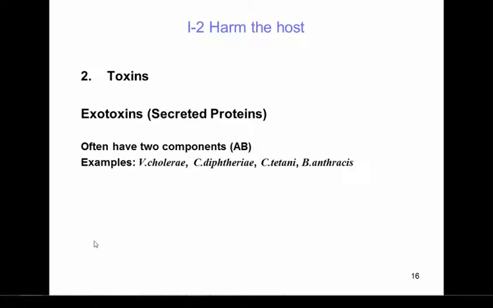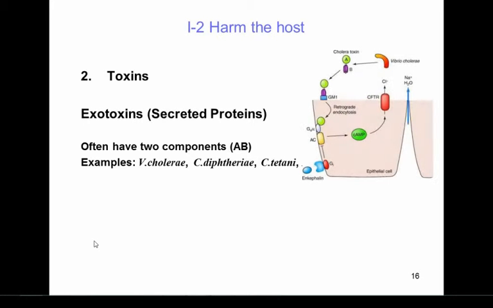So the big example, the classical example, is cholera toxin. It's a pentamer of the binding subunit, which binds onto gangliosides. This will allow the internalization of the bacterial toxin, it gets into the cytosol, and then the active part, the A subunit, will cause cyclic AMP to accumulate, and the net result is for this CFTR chloride pump to become activated, and chloride ions will be exported into the lumen of the epithelium.